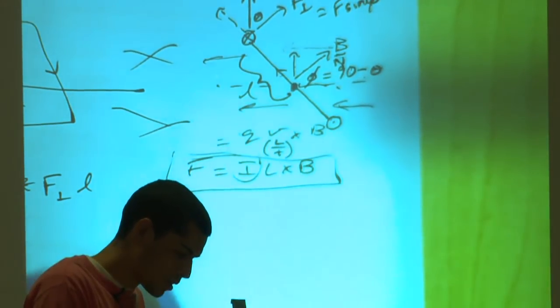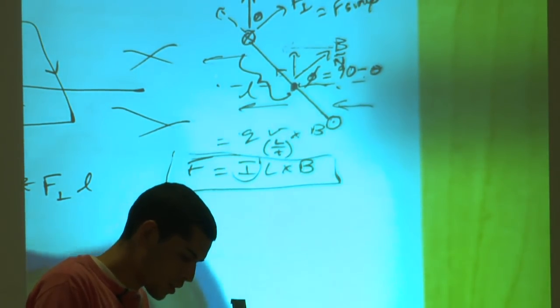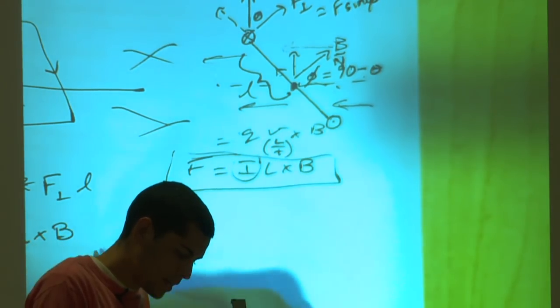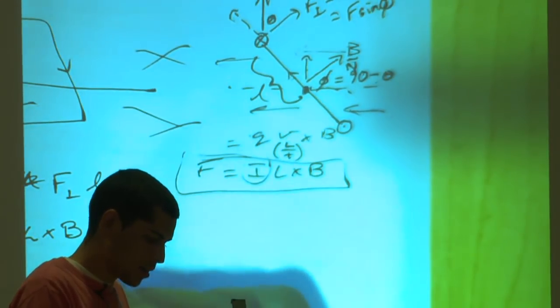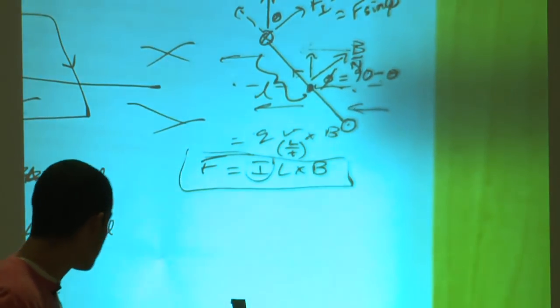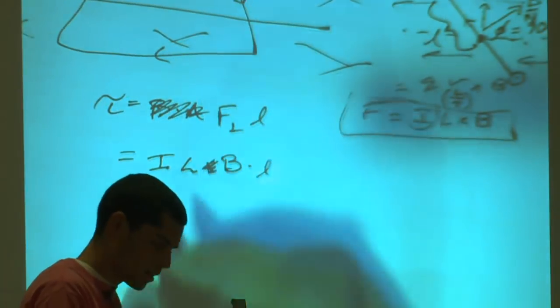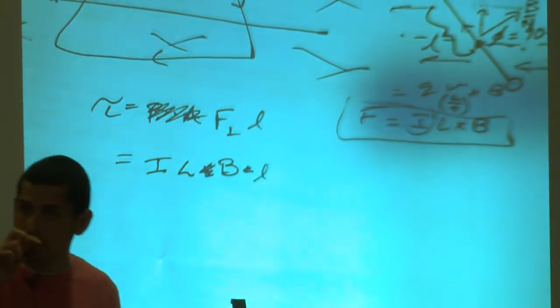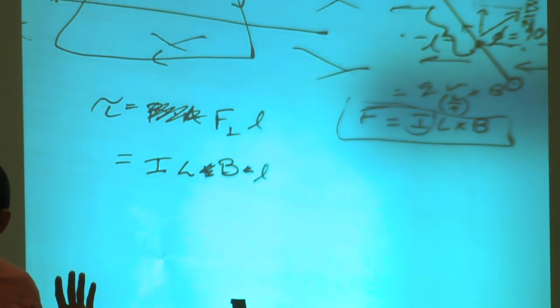So thus our torque is equal to the force, which is I L cross B, okay, times the lever arm, okay, and these are just magnitudes, so I'm going to forget about that. And don't think of that as a dot product, just think of it as a multiplication of the magnitudes, okay? It gets confusing with all these different types of multiplications, don't it?